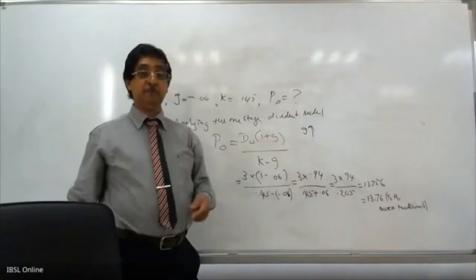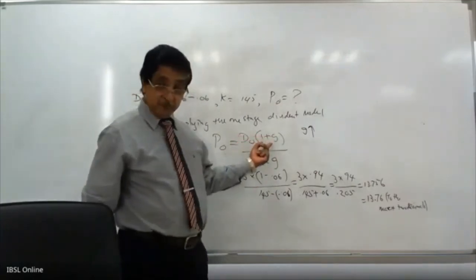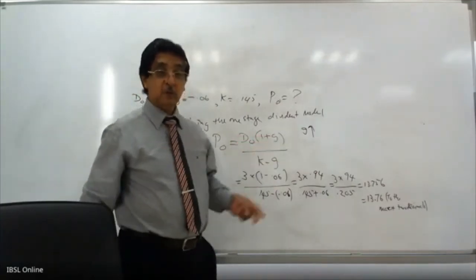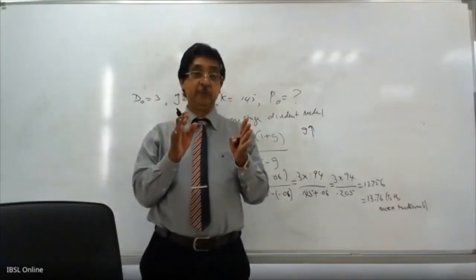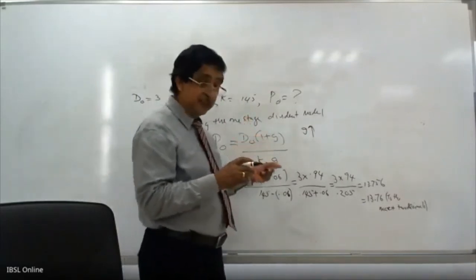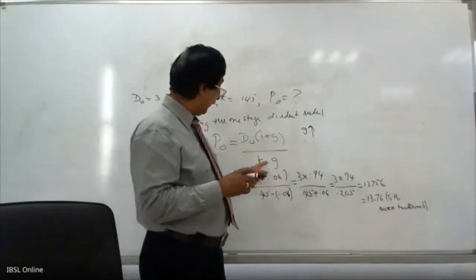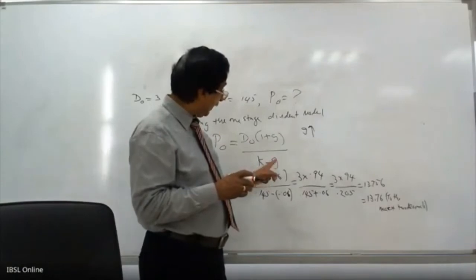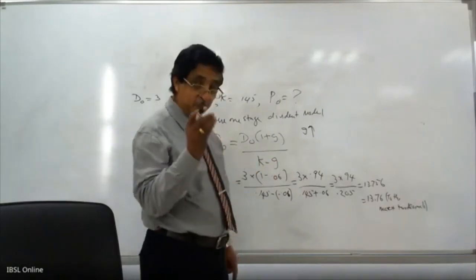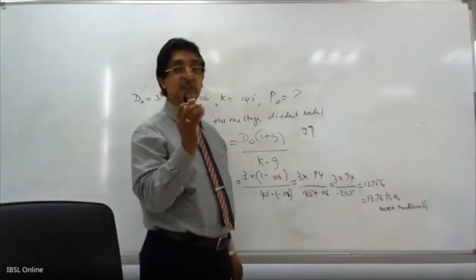It will go up in value. That portion is called the numerator. And while the numerator is going up, what will happen to the denominator? When G is becoming higher, K minus G will become lower, smaller.